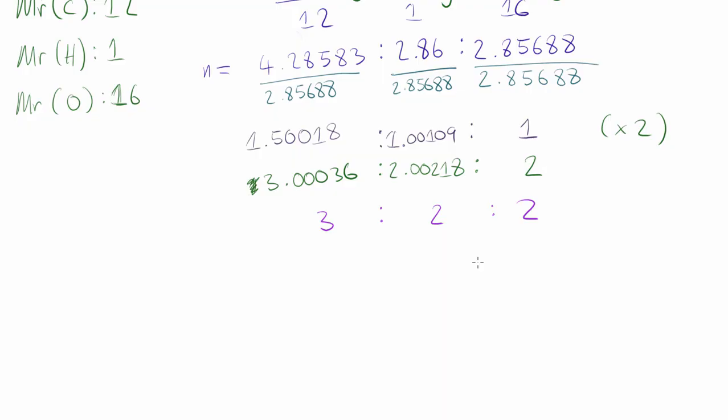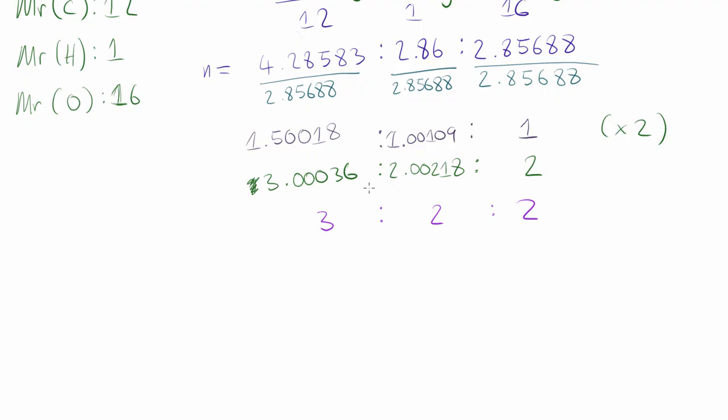And is this the simplest ratio we can get? The simplest whole number ratio we can get? Well, I would say in this case, yes, it is the simplest whole number ratio we can get.